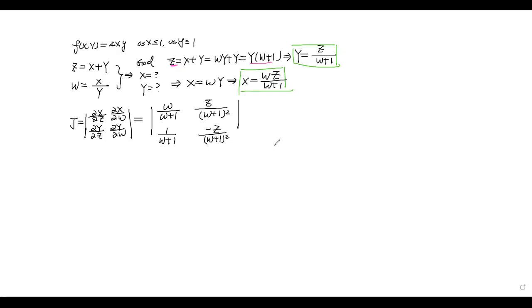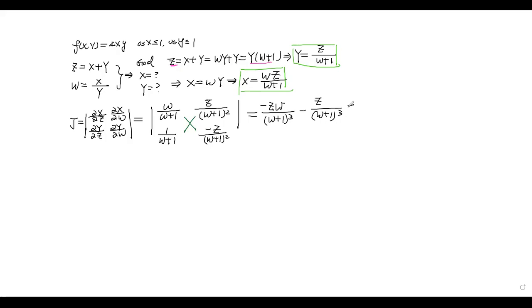Then we find the determinant, so it's just like u times this 2 minus u times this 2, right? Okay, so I'm going to have (w+1)^3 times negative z, w, and minus (w+1)^3 times the z's here.